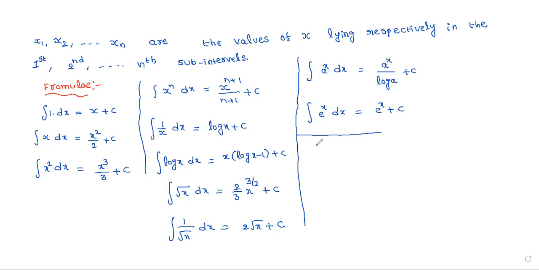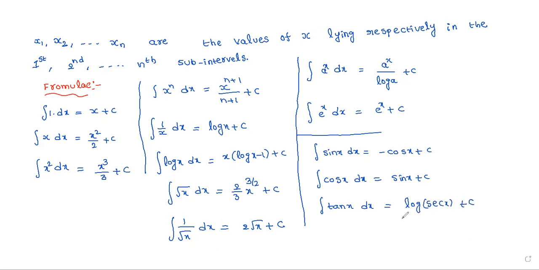Next, trigonometric formulas. Integration sin x dx is minus cos x. Integration cos x dx is sin x plus c. Integration tan x dx is log of secant x plus c. Integration cot x dx is log of sin x plus c.